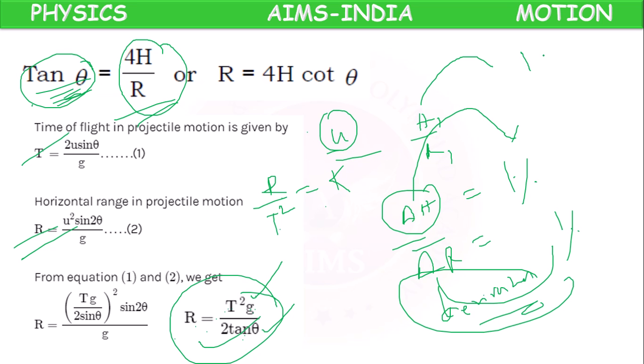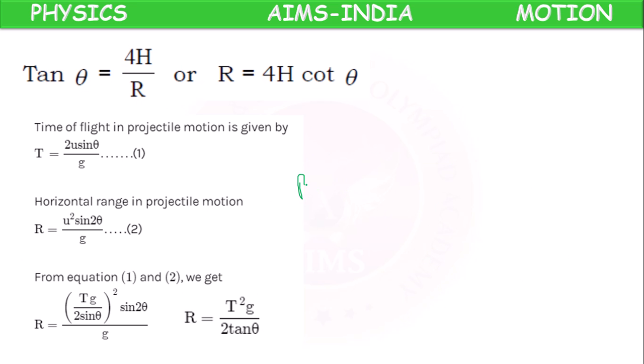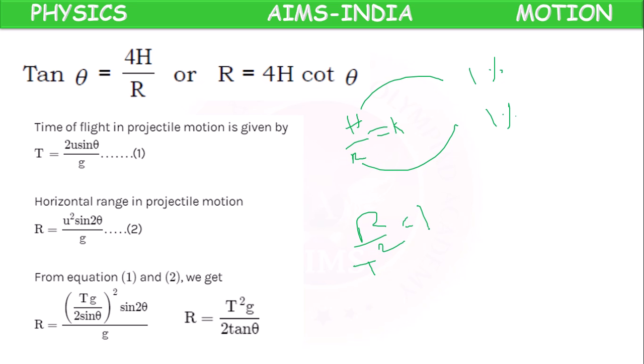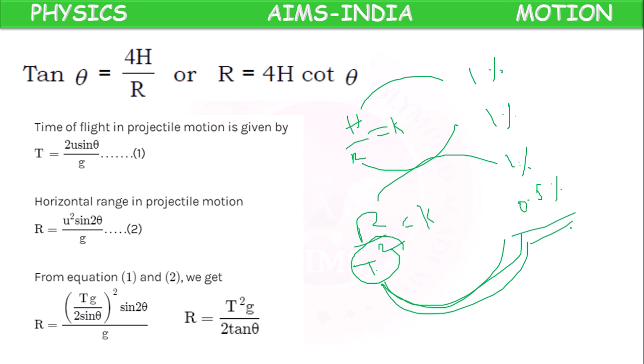Previously, if height increased by 1%, range increased by 1%. Now R by T square is constant. If range increases by 1%, then T square increases by 1%, but we need time. Time will increase by 0.5%, because we have a square here.